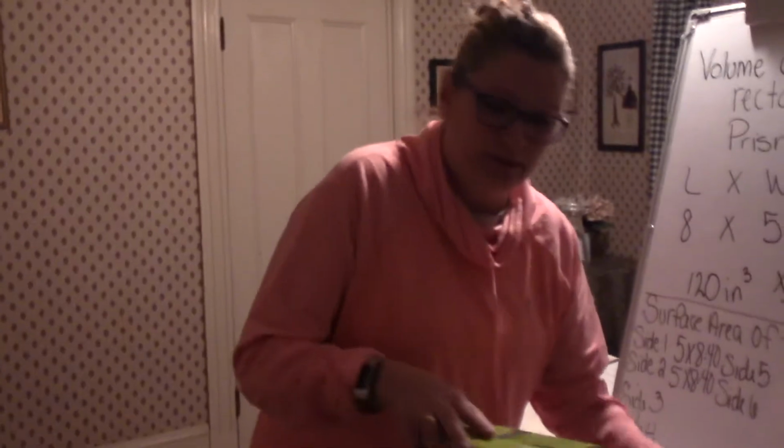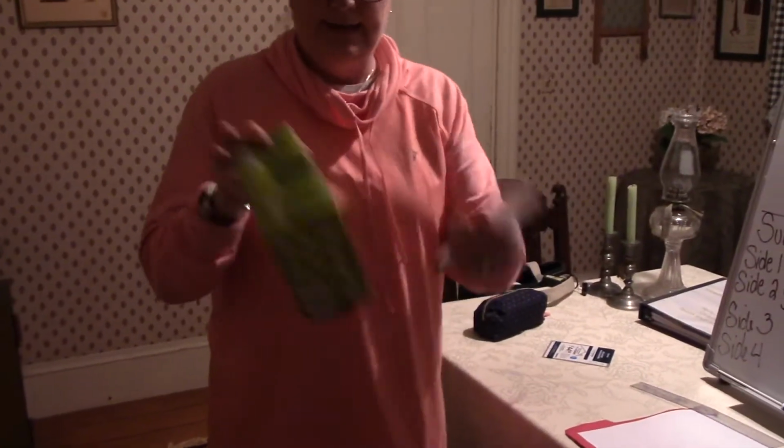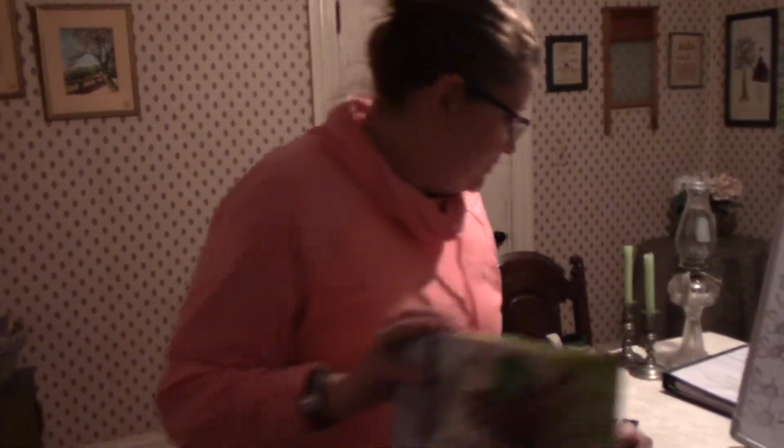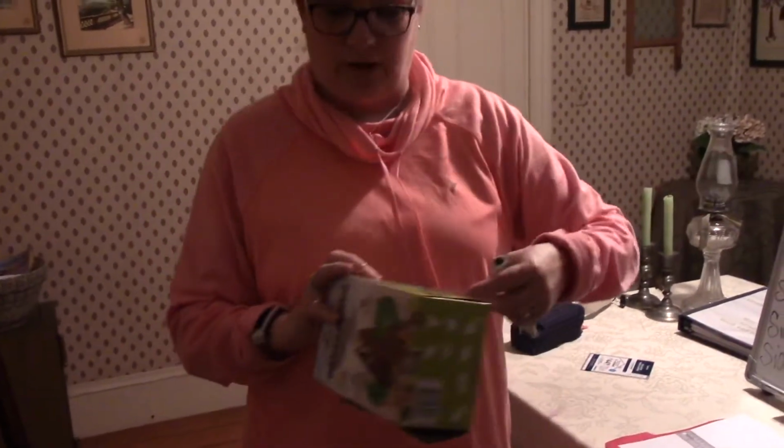So now, let's go to this side. We'll call this side 3, and the match of it is going to be side 4. Okay? So if I measure this, and again, the numbers are going to sound familiar because they were part of the measurements that went into the volume.